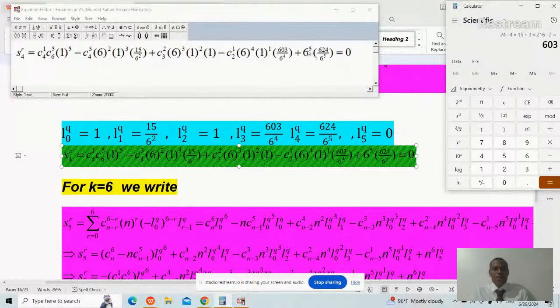This is 6 raised to the power 5 divided by 6 raised to the power 5, which is 1. I will just write plus 624.